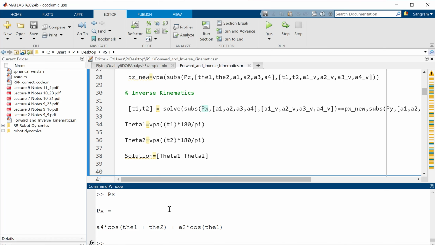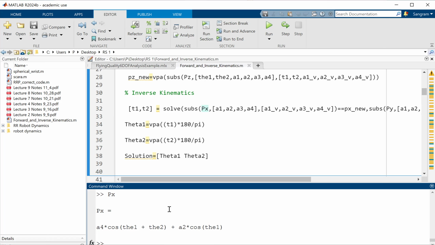What I'm trying to say here is, in this equation, the value of A4 is given because it's a robot link length. Value of A2 is given. Value of A3 is given. Value of A1 is given. So I'm replacing A1, A2, A3, and A4 with the actual lengths of the robot.